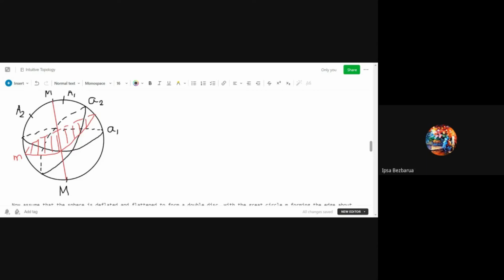Hence, this section small m does not contain any singular points, and its boundary is a great circle. Hence, I'm always able to choose a great circle which avoids any of the finite number of singular points on a sphere.